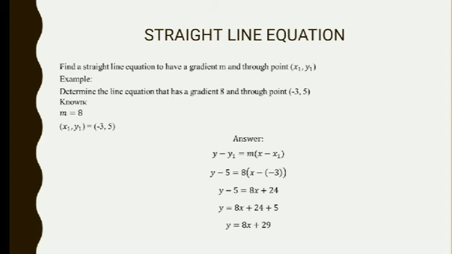Y minus y1 equals m multiplied by x minus x1. Y minus 5 equals 8 times x plus 3. Y minus 5 equals 8x plus 24. Y equals 8x plus 24 plus 5. Y equals 8x plus 29. So the solution is y equals 8x plus 29.